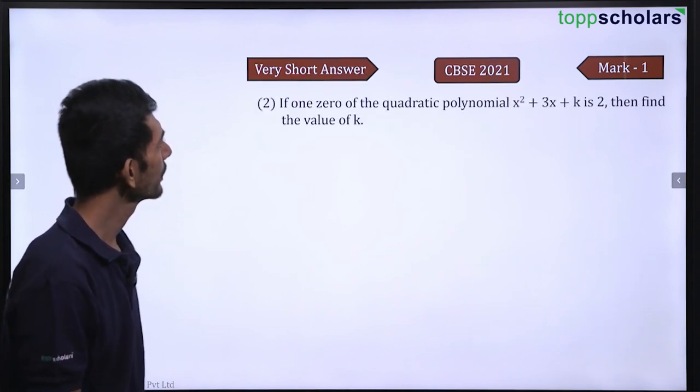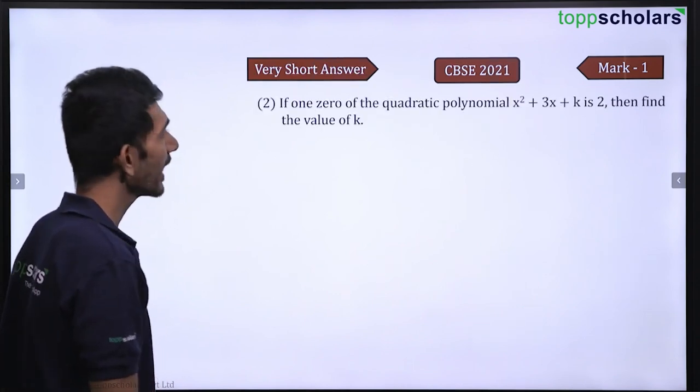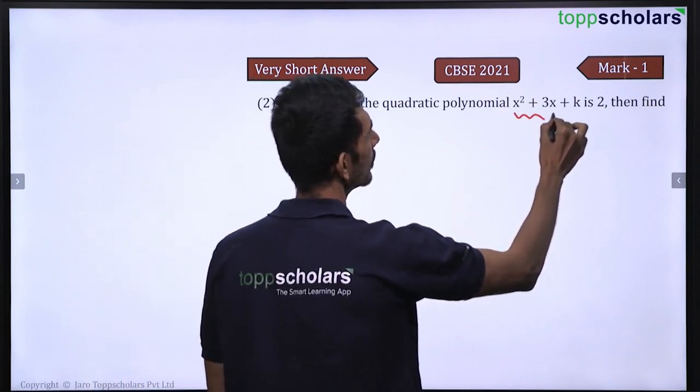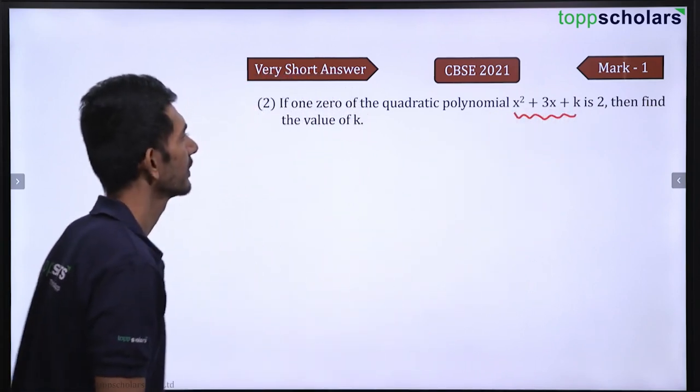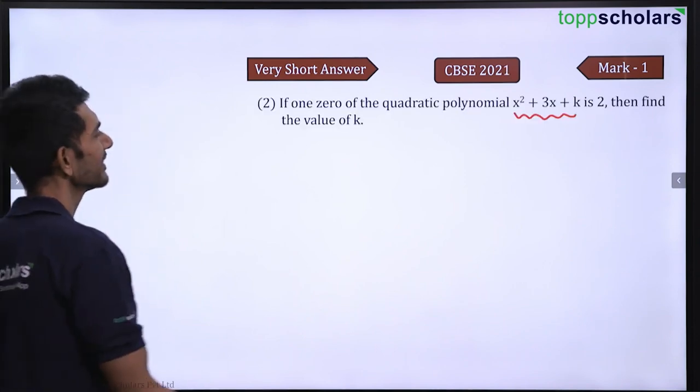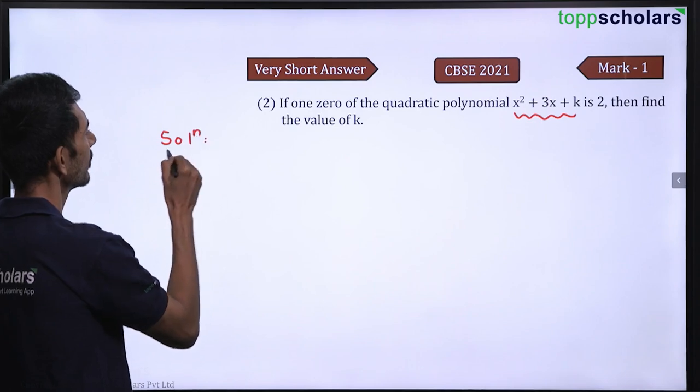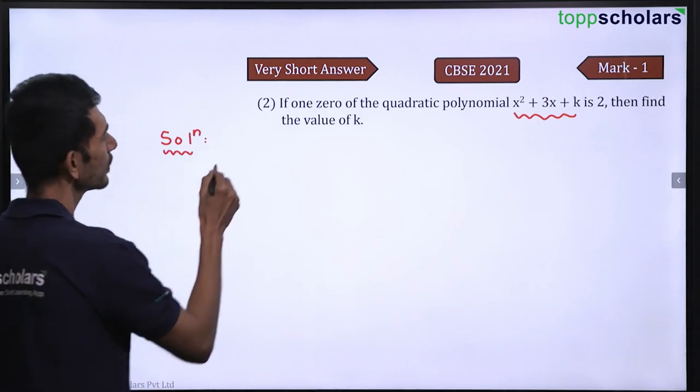Let's continue. So if one of the zeros of the quadratic polynomial x square plus 3x plus k is 2, then find the value of k. Again, it's a very simple question, very easy. Nothing much in this. Already a polynomial is given to us.